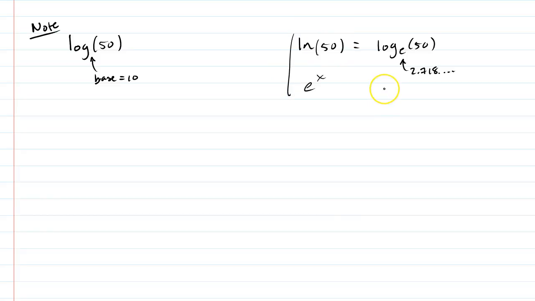These go together. So, for example, let's say that you wanted to know e to the x equals 5. Well, we can translate this. We're going to do log base e, but wait a second. If it's log base e, we actually want to write ln. And then we're going to switch 5 and x.